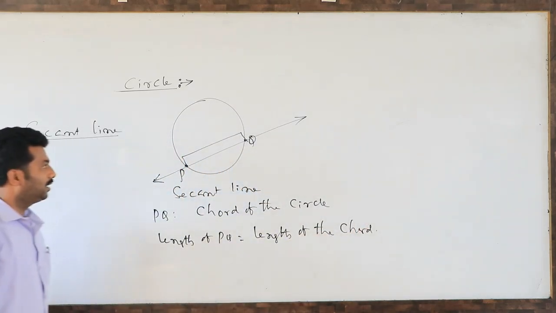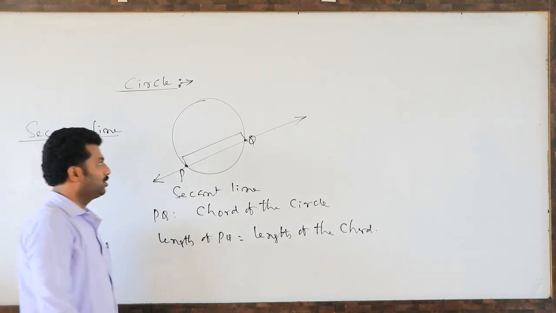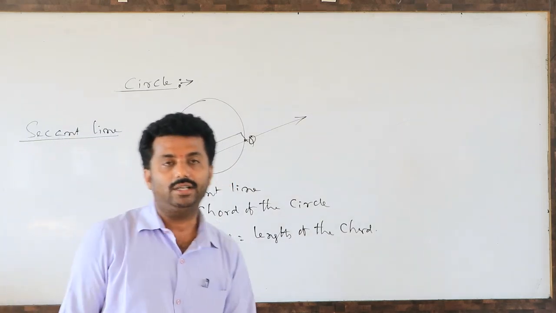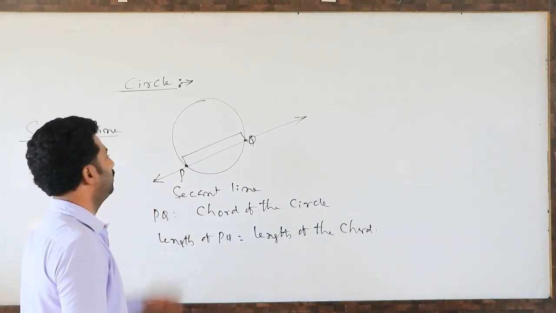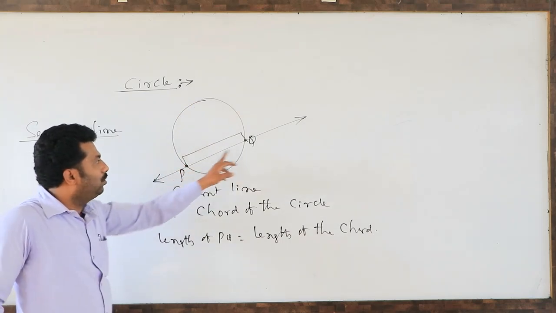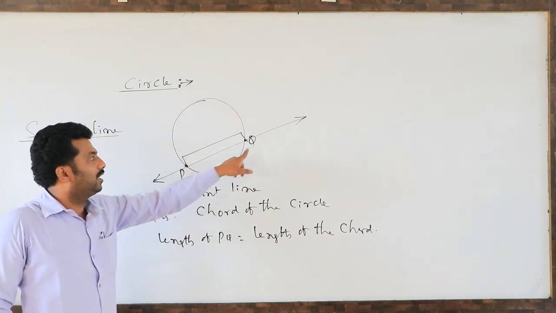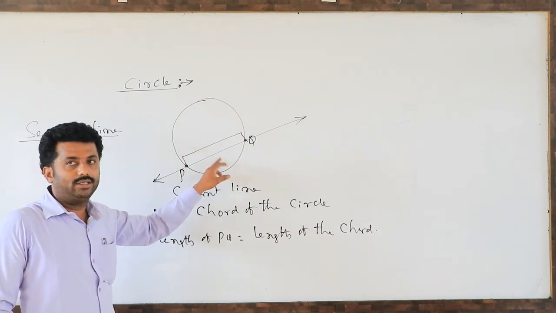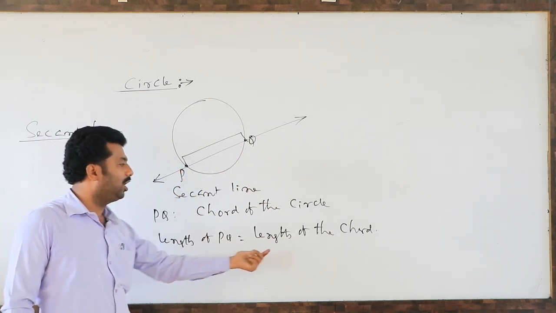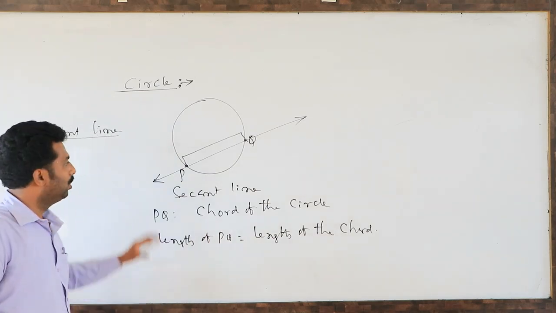So what is a chord? A chord is nothing but a line segment joining two distinct points on the circle. So the distance from P to Q. PQ is a line segment, that is the chord. The distance between P and Q, the length of PQ, is called the length of the chord.